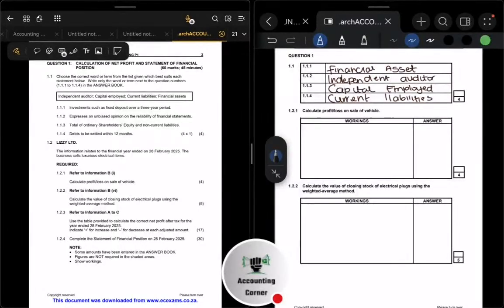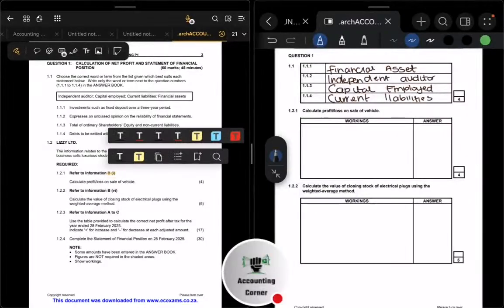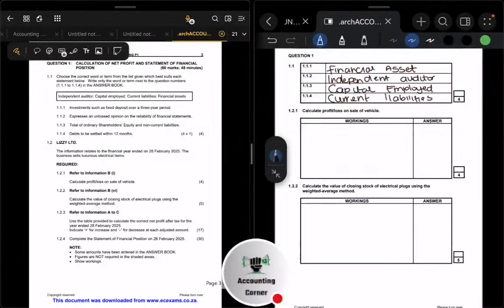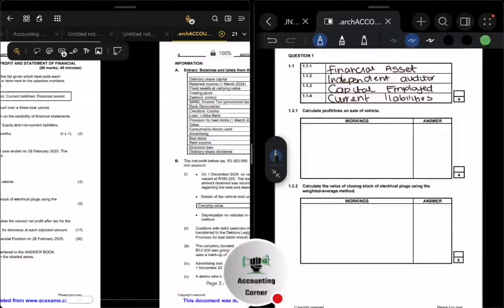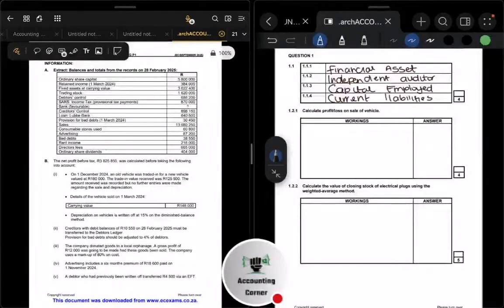For question 1.2, they say 1.2.1 refer to information B1, and they tell us that the information relates to the financial year ended on the 28th of February 2025. The business sells luxurious electrical items. So let's go see. It says refer to information B1.